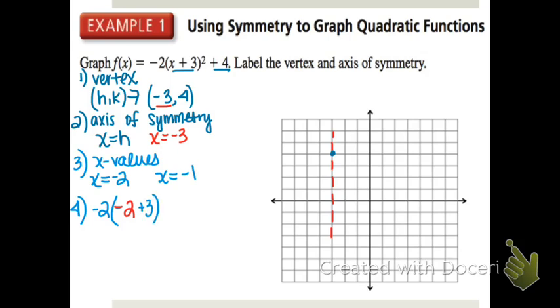I'm just doing substitution, that's it. So evaluate inside the parentheses, I'm left with -2 times 1 squared plus 4, which is equal to 2.